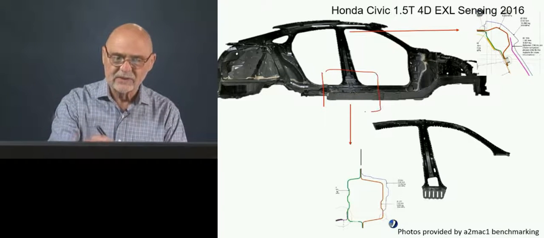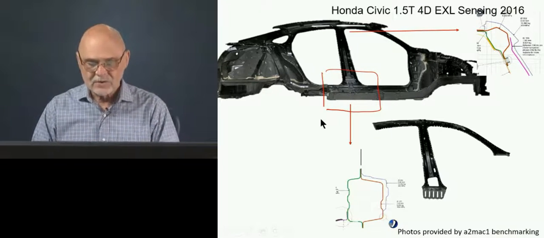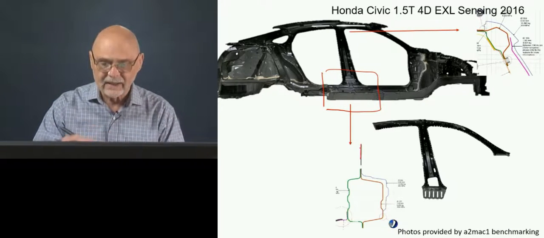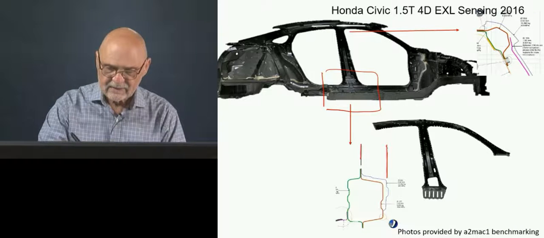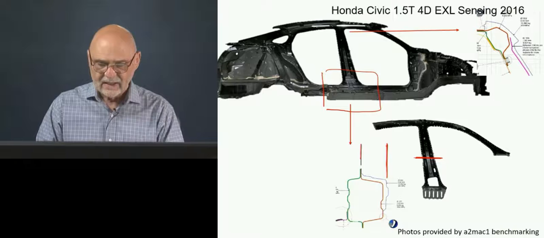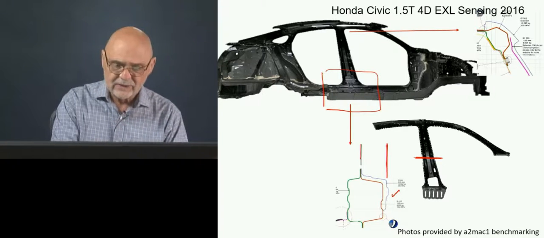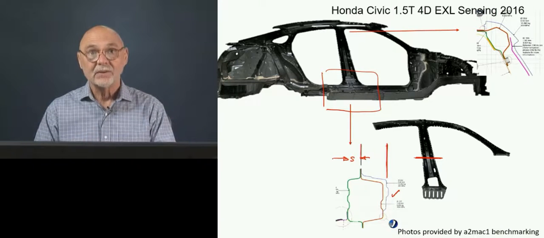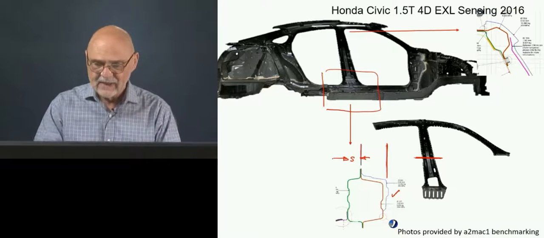Now we're looking at a little different joint. So this now is the hinge pillar area. That would be up here, and the rocker. And you see a pretty large offset here. Okay, so that part is not so good.